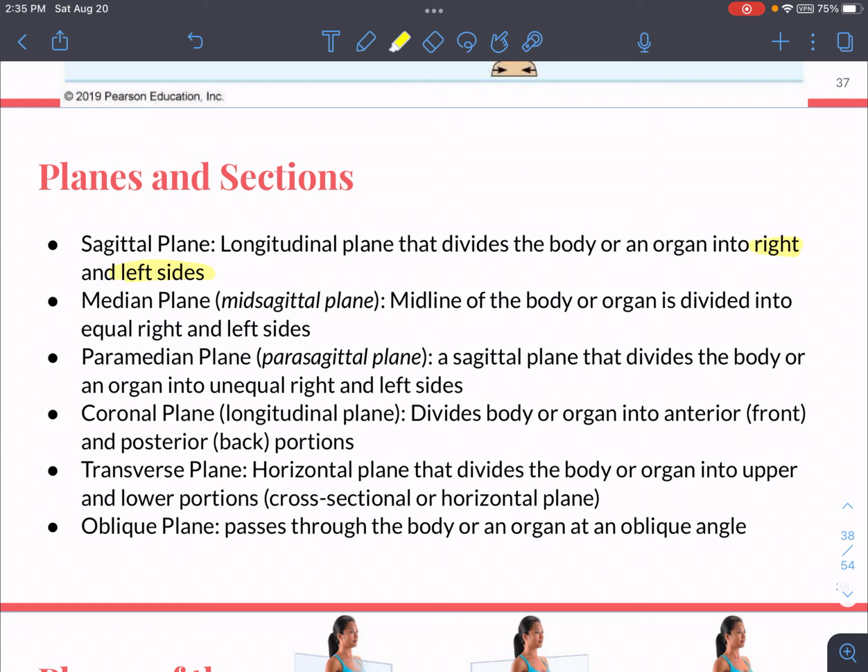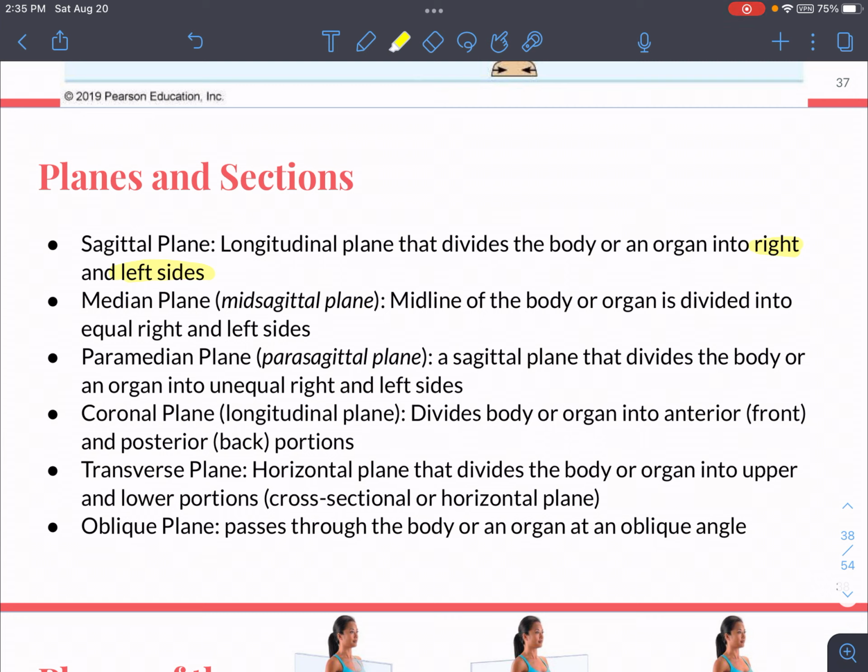So here are the three main ones. We have that sagittal, or as they said, a median plane. We're cutting down the middle, getting a right and a left side. We have a coronal, which cuts us into front and back, and then transverse. Here it's cut right through the stomach.